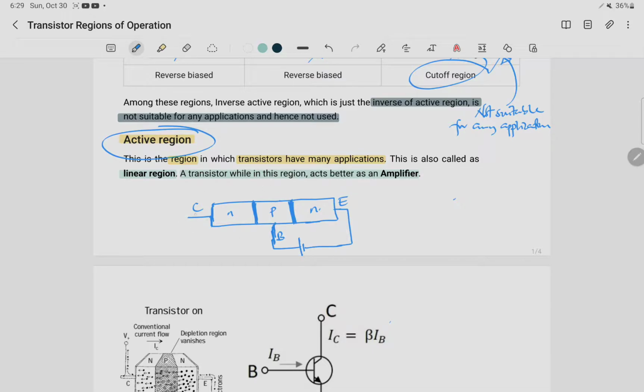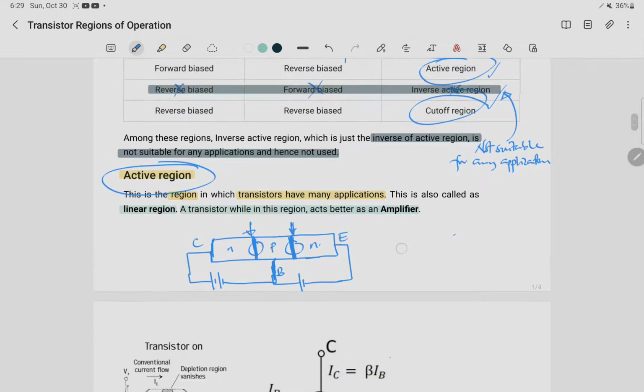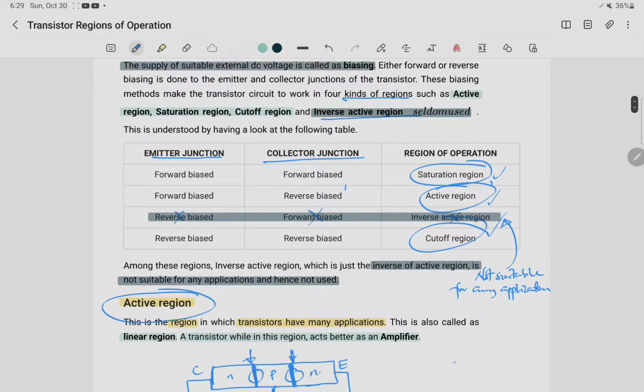You can do that by having a voltage which is greater than the base, or just connect a positive voltage there and bring it and connect it there, all the same. In that case we have reverse biased this and forward biased this junction. This is the emitter junction, and this is the collector junction that are being talked about here.